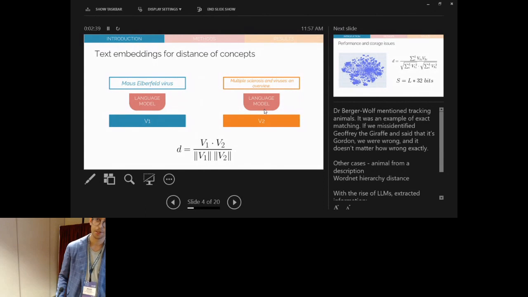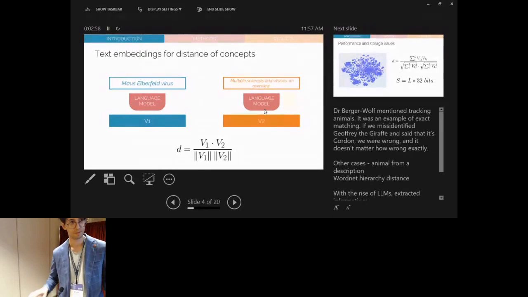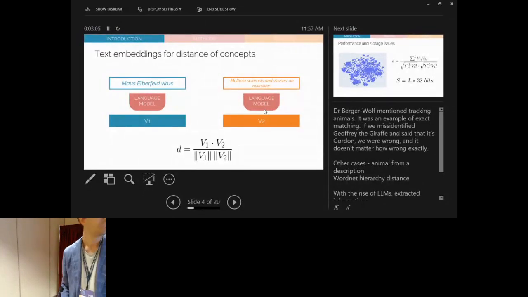And recently, thanks to the rise of large language models, we are moving more and more towards the text embedding distances. So we no longer depend on some arbitrarily created hierarchy of concepts, but we can actually use a learnable difference thanks to the embedding space.